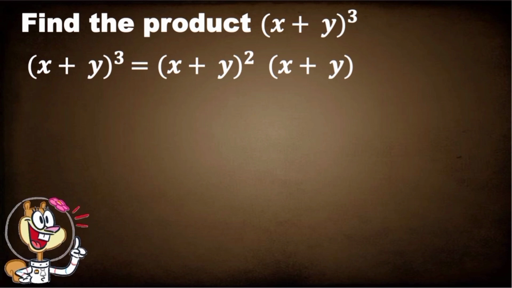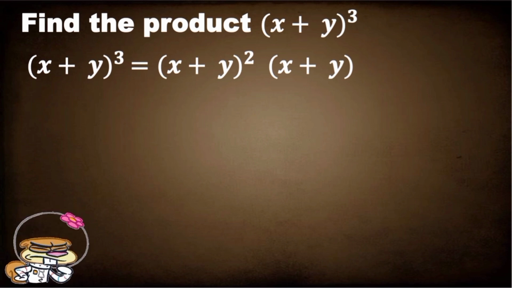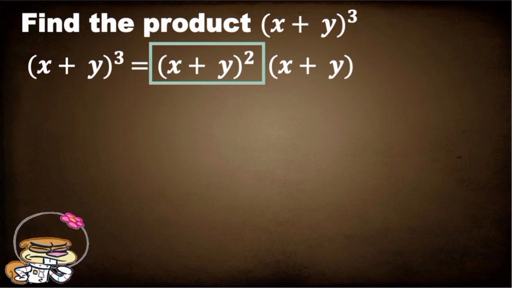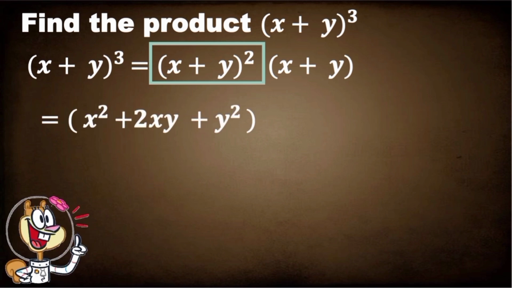Now let's multiply x plus y raised to the second power. Or you can use square of a binomial. That is x squared plus 2xy plus y squared. Then for our next term, just bring down x plus y.